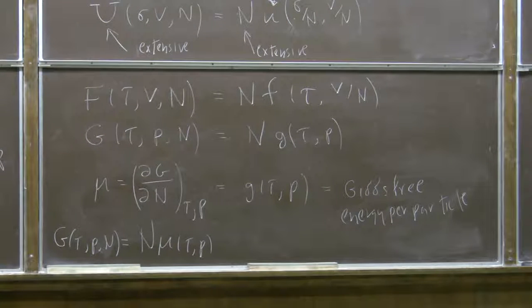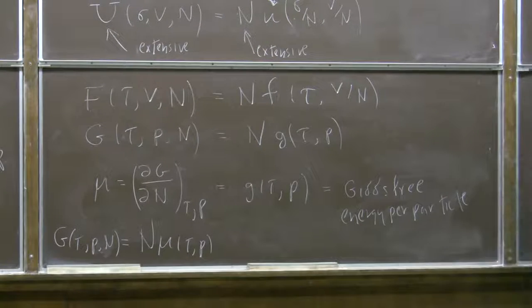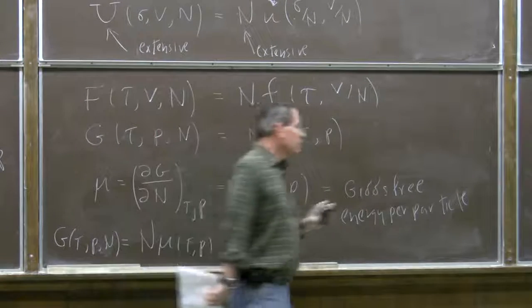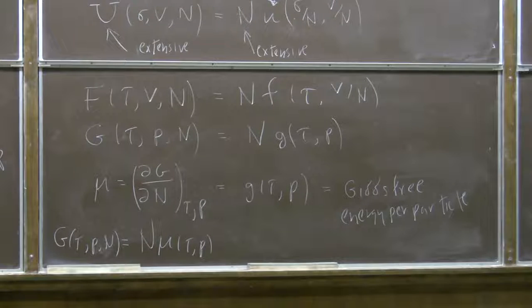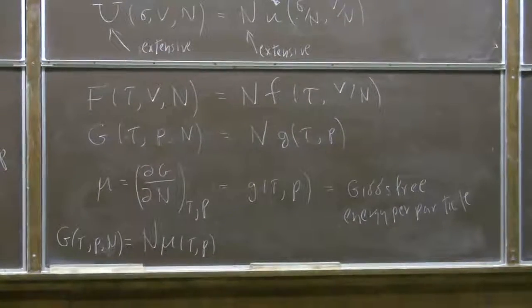So why don't we just talk about the chemical potential? Why do we need this concept of Gibbs free energy? Well, what I just said applies in the case where there's just one species of particle, one type of particle, and the number of particles of that type is capital N. But we'll often be interested in systems where there are different species, particularly in chemistry.